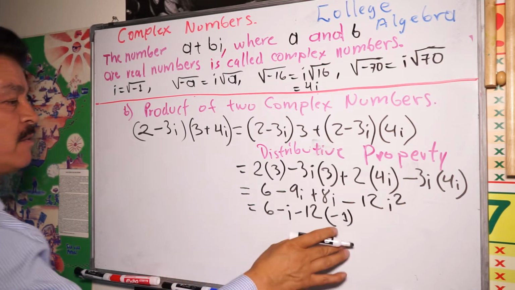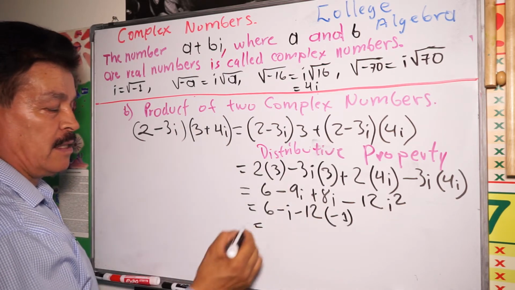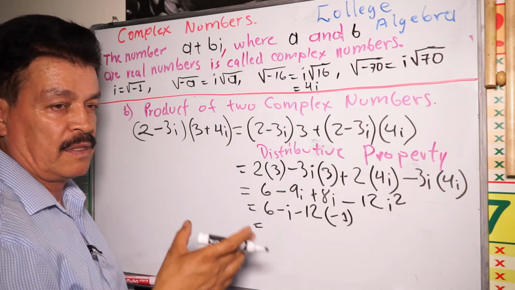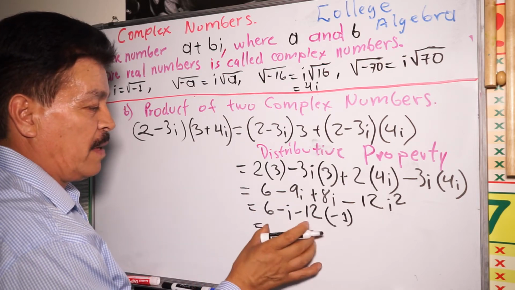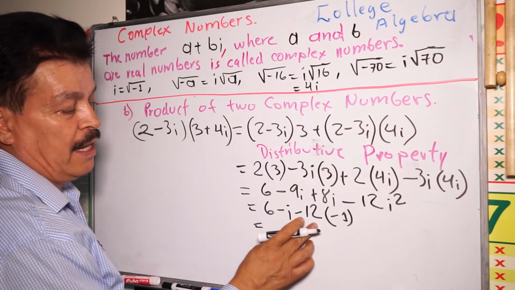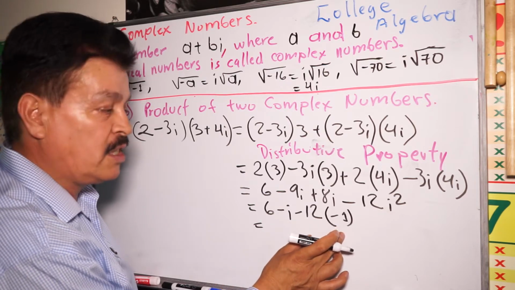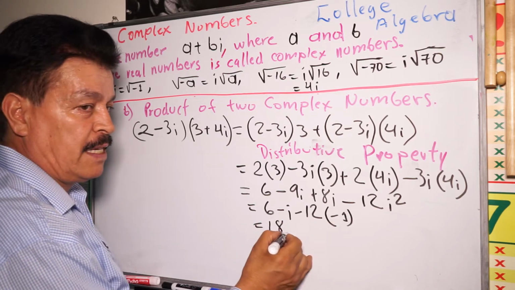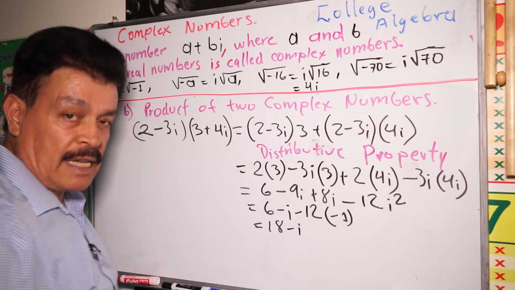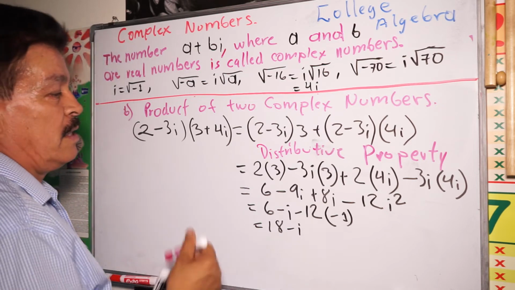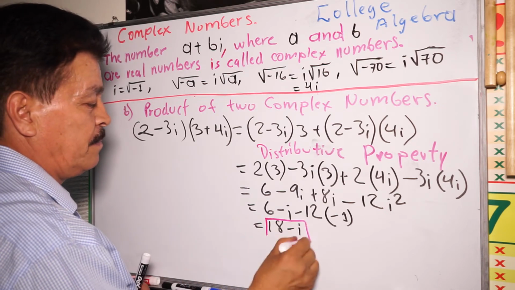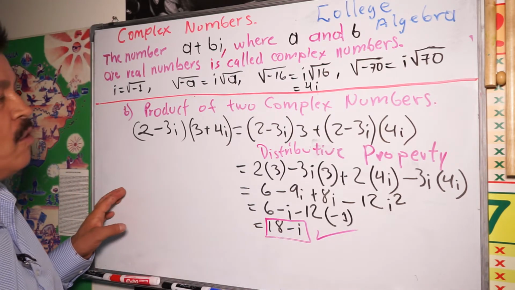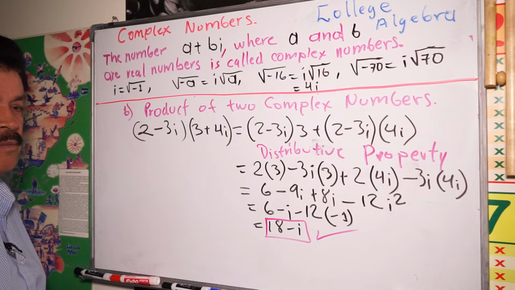I don't want to explain this rule right here, but if you want, check your notes or see some videos before. So this is 12, negative times negative is positive. 12 plus 6 is 18 minus i. See? So this is the right answer when you multiply two complex numbers, the product of complex numbers.